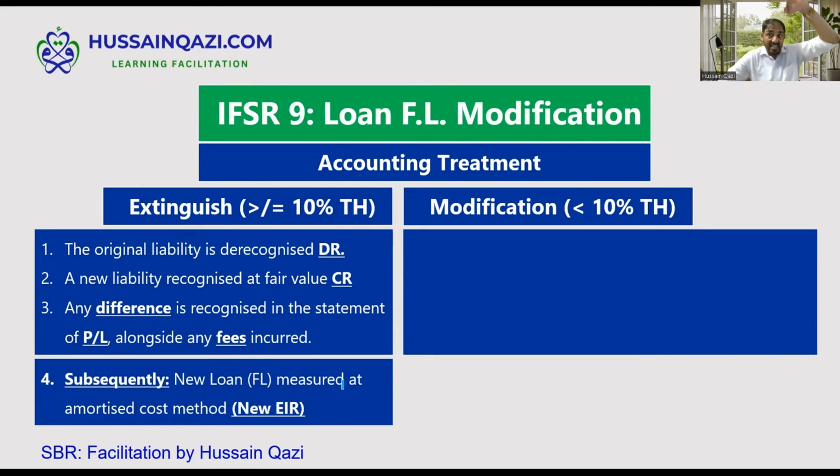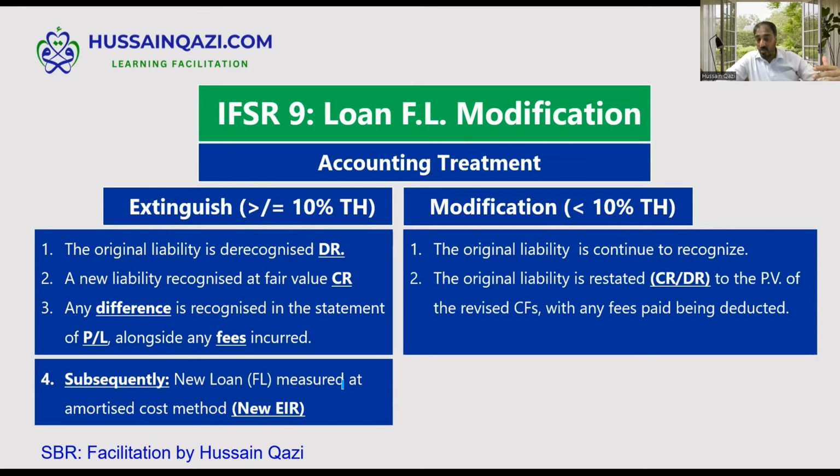Modification. If the modification is less substantial, number one, do not de-recognize the original liability. The original liability is still recognized, continues to be recognized. Number two, whatever the change has been made, you have to restate the original liability.